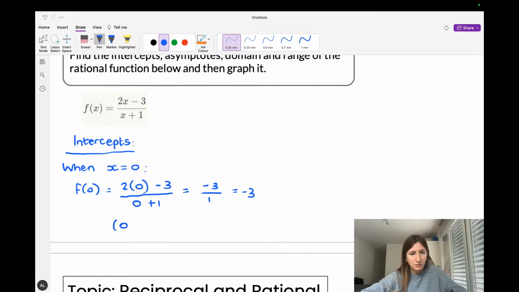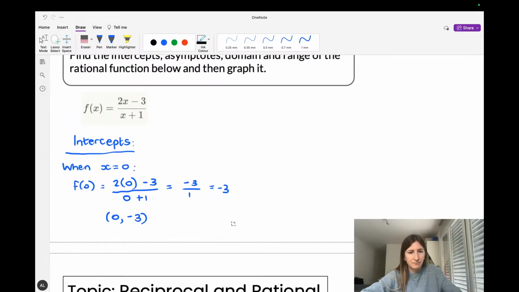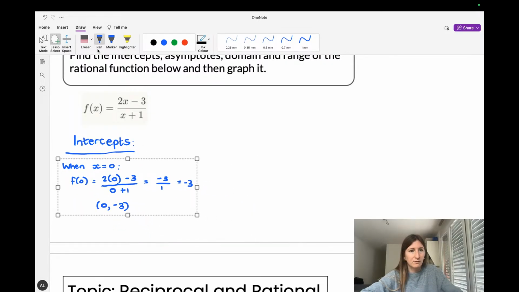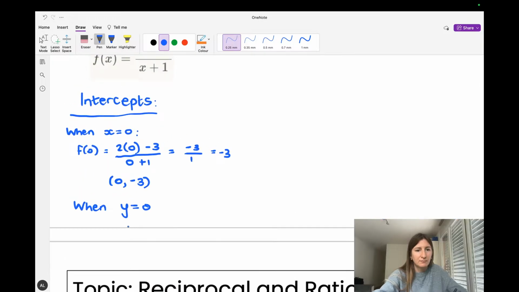So let's write that as a coordinate. It always helps us to plot it later on. That was our x. I'm just going to make that a little smaller because I'm taking a lot of space here. Then when y equals 0, maybe I can zoom in.